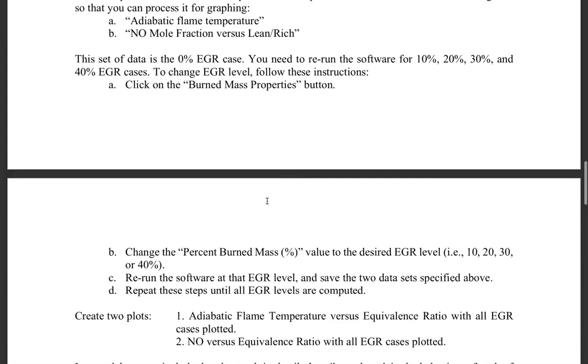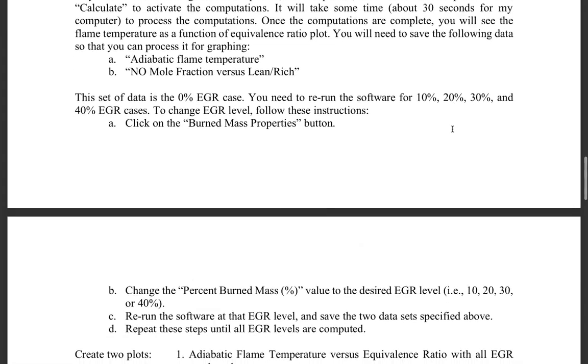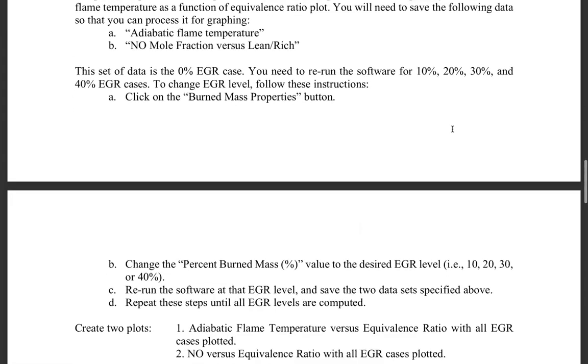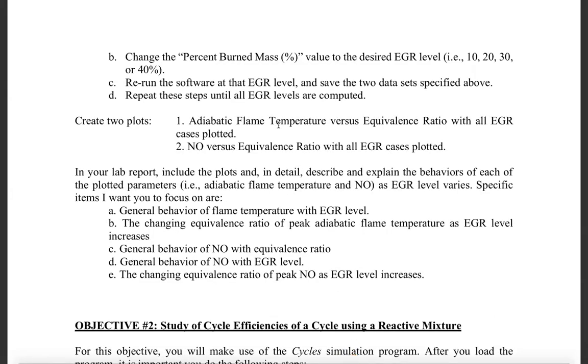So 10%, 20%, 30%, and 40% EGR levels. And I give you instructions on how to do that. And then I want you to create 2 plots, one adiabatic flame temperature versus equivalence ratio with all the EGR cases plotted. And then secondly, nitric oxide versus equivalence ratio with all the EGR cases plotted, okay?